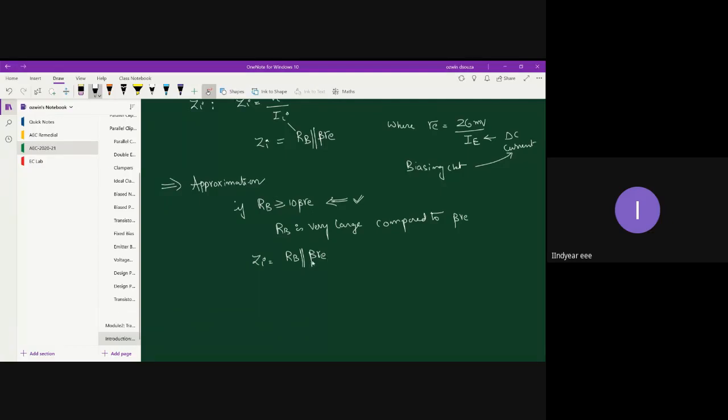Or rather, I put it in this way. I have a 400 kilo ohm resistor connected in parallel with a 1 kilo ohm resistor. What will be the equivalent resistance? R1 is 400 kilo ohm and R2 is 1 kilo ohm.